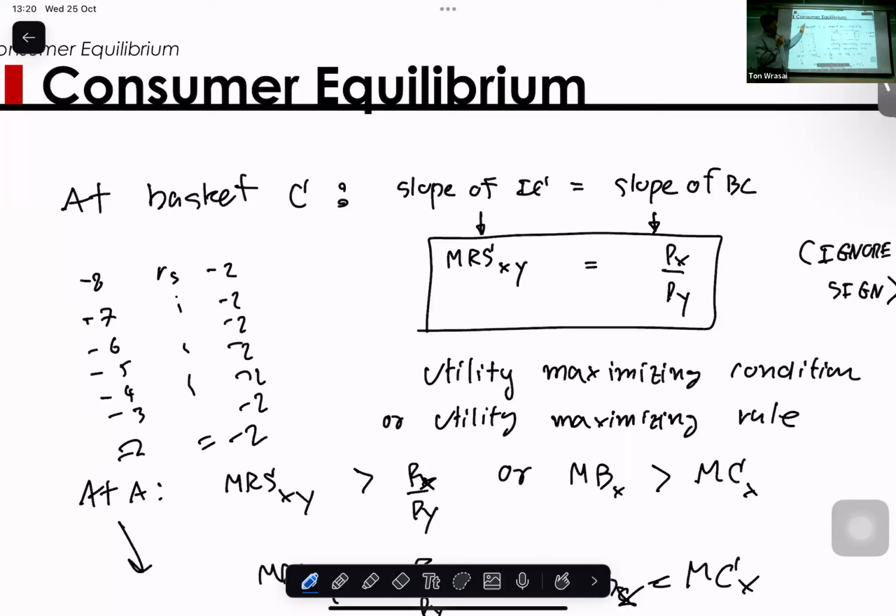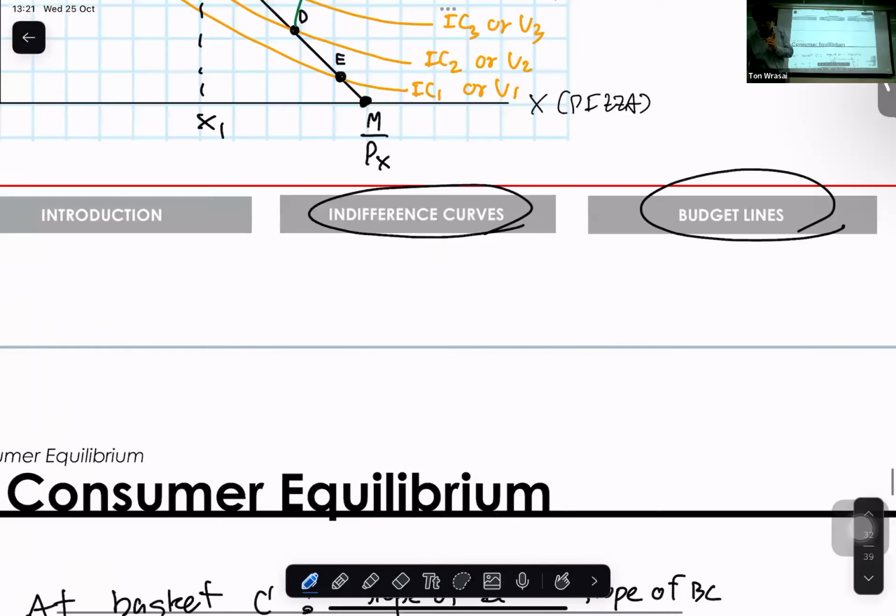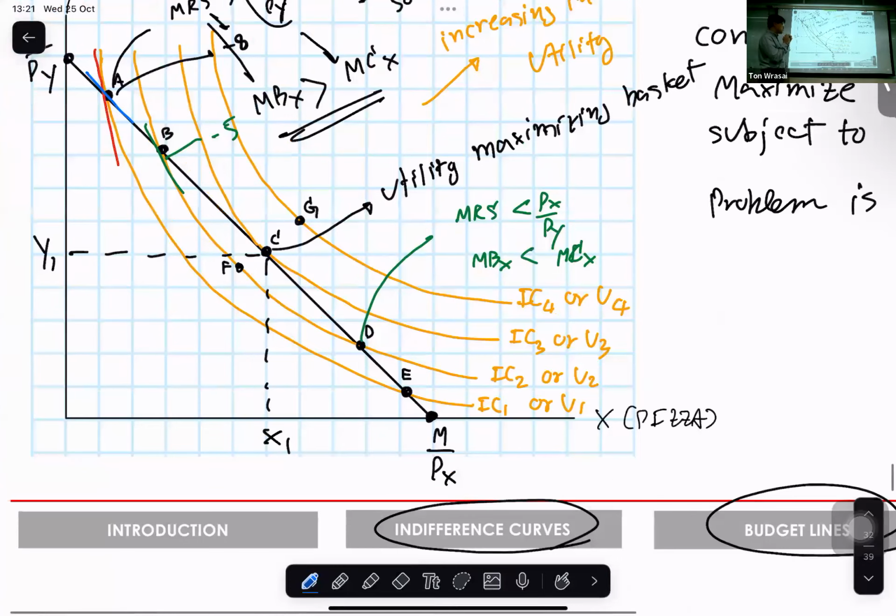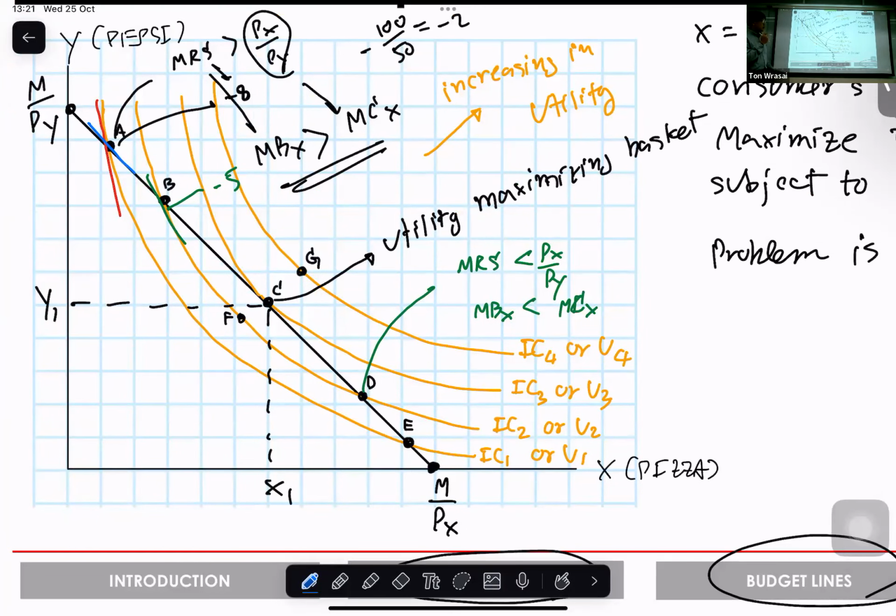That means to maximize utility given the budget constraint, the recommendation is he must spend money in such a way that once the money is spent up, this condition is fulfilled. And we already see that the only place this condition is fulfilled is to buy basket C. Slope of IC equals slope of budget line.